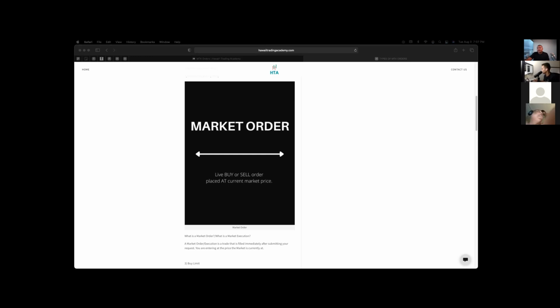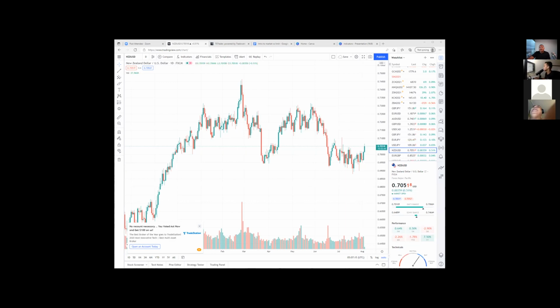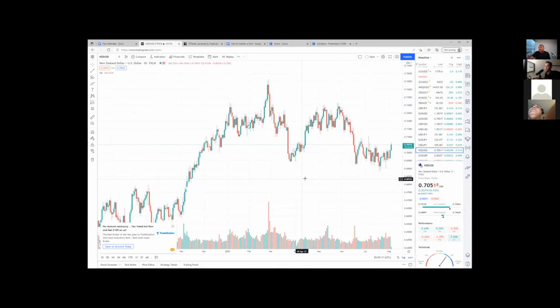So like this, it's TradingView, and this is just a sample. For market order, on the right side over here we have our watch list, and this is what you're gonna see on the screen, the quotes. Like euro yen, 129.43, 47.